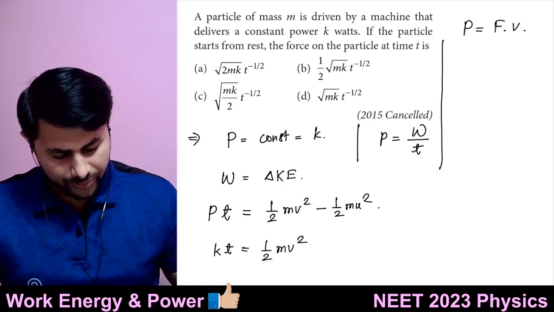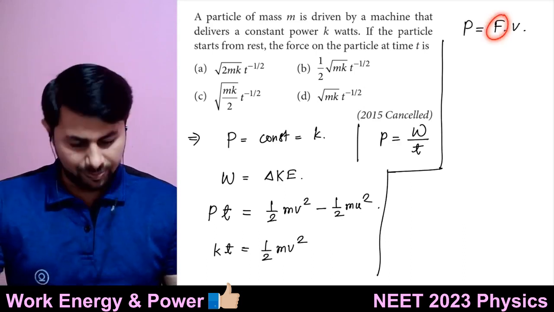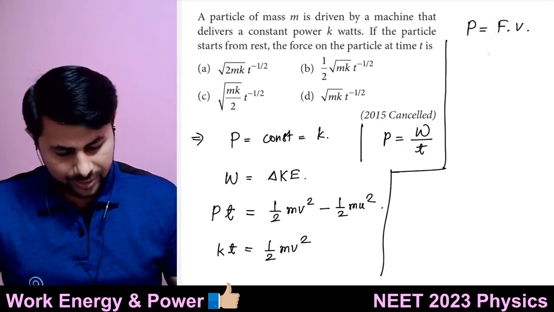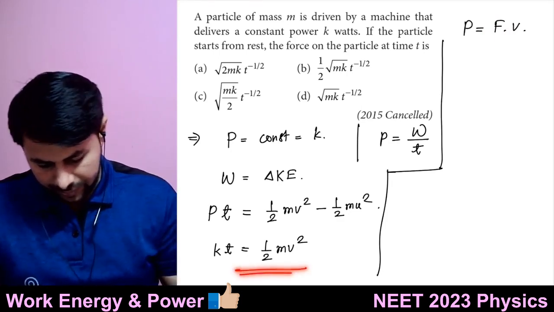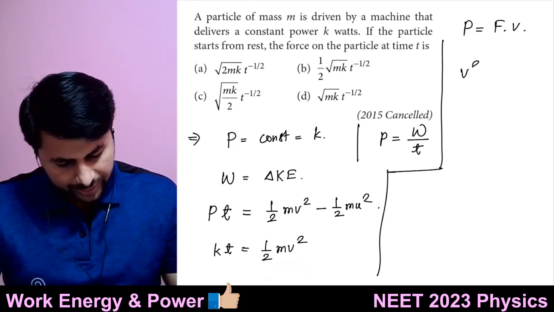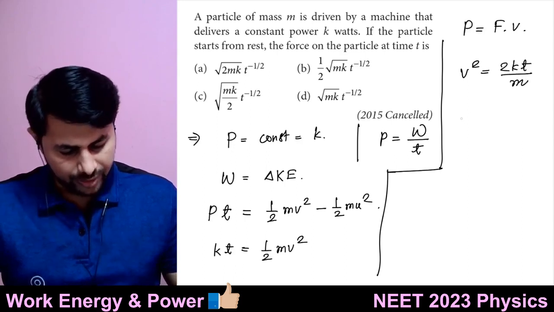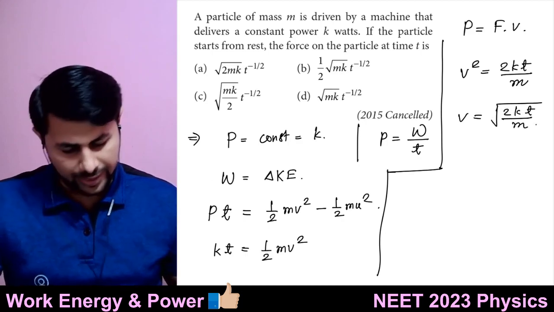And we want to find out what? We want to find out the force. Now it's simple. Okay, so from this we can find out velocity. So we get v square equals 2kt upon m. Therefore v is equal to square root of 2kt upon m, right?